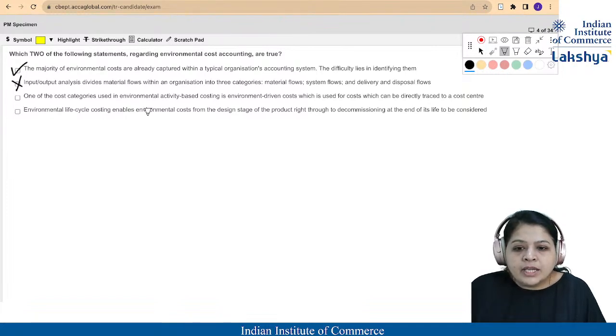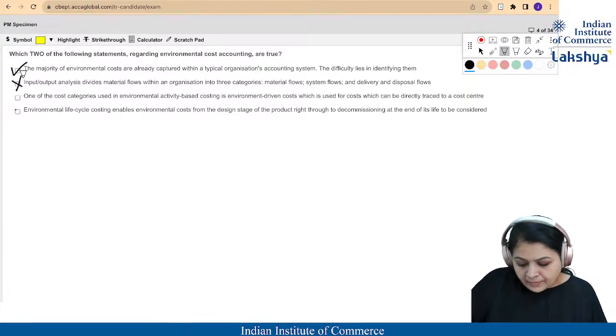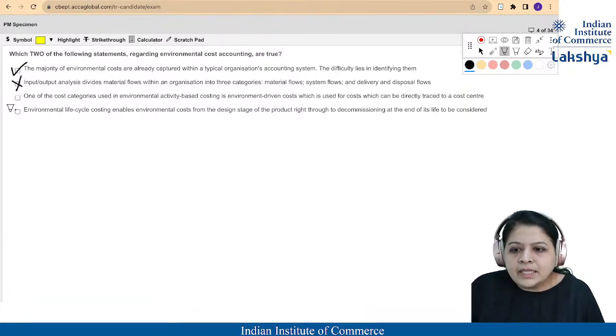Environmental life cycle costing enables environmental cost from the design stage of the product right to the decommissioning, the end of life, to be considered. Now, this is correct for sure, and that is why you end up picking this answer. You can strike this.